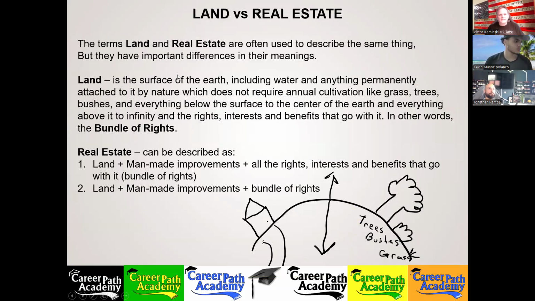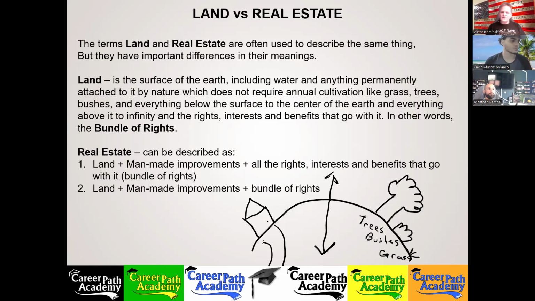So, the terms land and real estate are often used interchangeably to describe the same thing, but they do have important differences. Land is the surface of the earth, including all water and anything permanently attached to it by nature, which doesn't require you to plant seeds or plants every year for them to come back. Like trees, grass, bushes, those things come back every year on their own. You don't need to cultivate them every year.